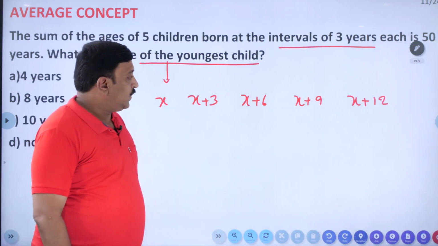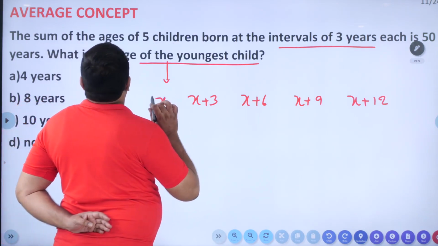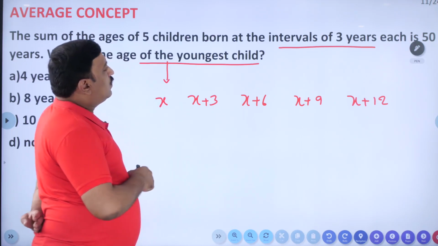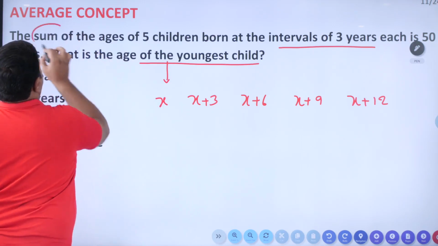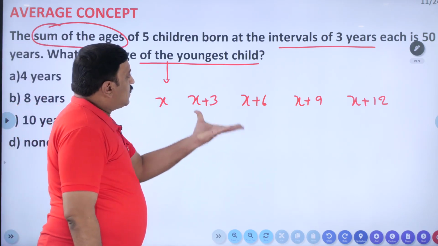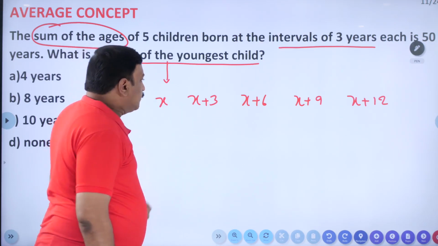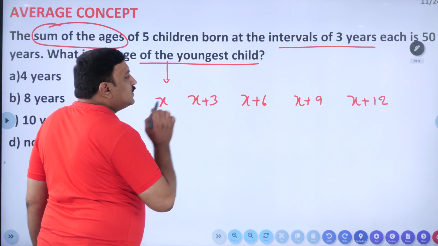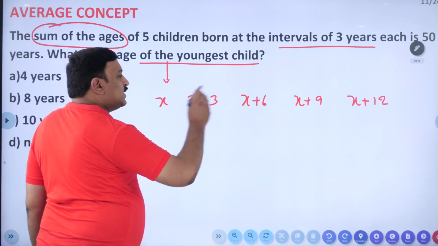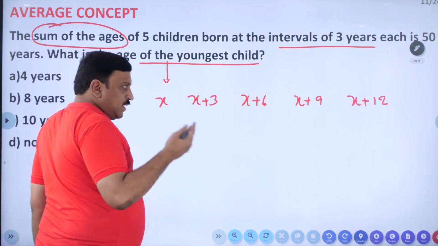Fine. If we add these, the sum is given as 50 years. So definitely the sum is given, so there is no chance of average. Just add all of them to get 50. We'll go with the other method also later, right?